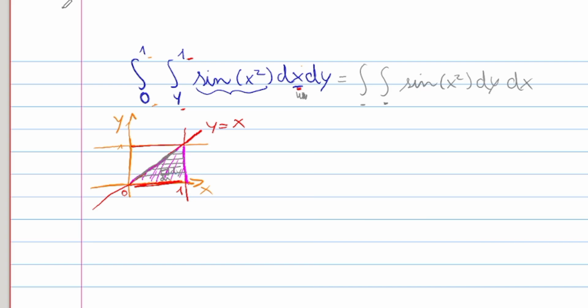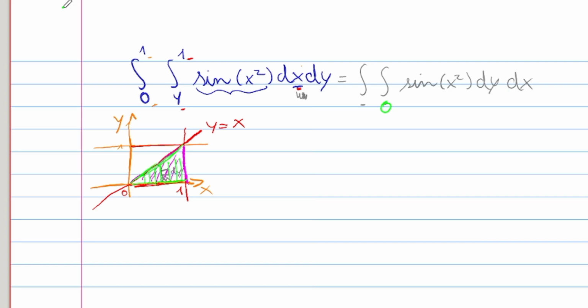But for y, as first we want to integrate with respect to y, let's take this color. I'll integrate from here. As you see, y here is equal to 0, and it goes to this graph here.